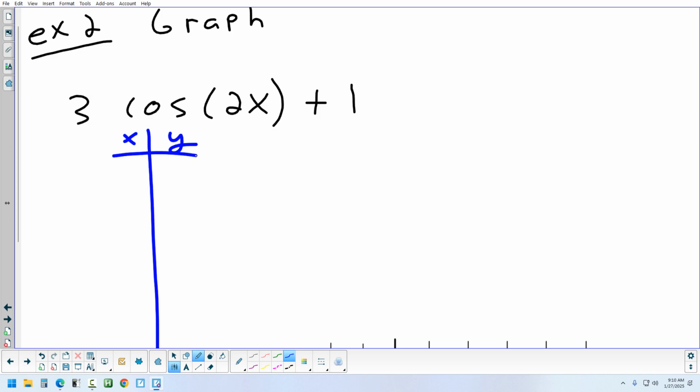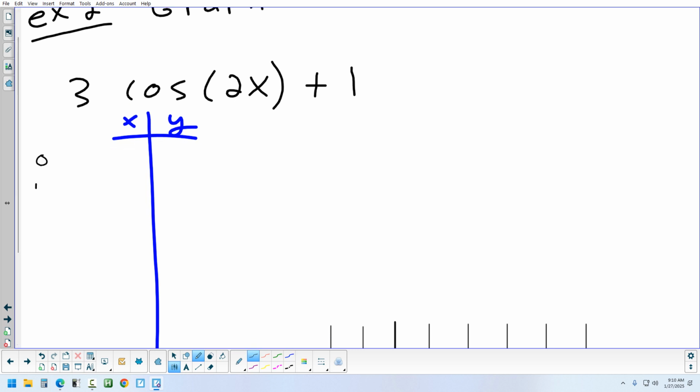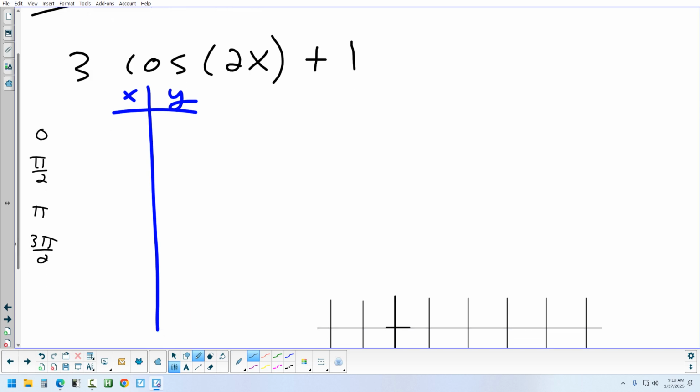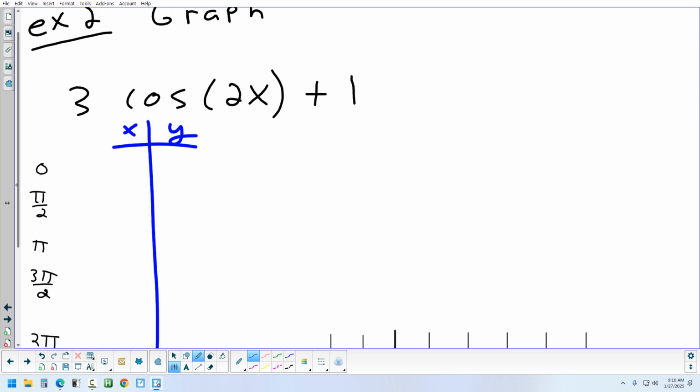Now let's see if we can do the whole problem in one table. Final table. I'm going to put my original x's off to the side. And does anybody remember what we do with that 2 to get my new x's? We can either think of it as division, or you can think of it as multiplication.